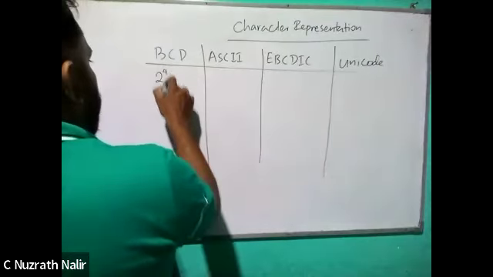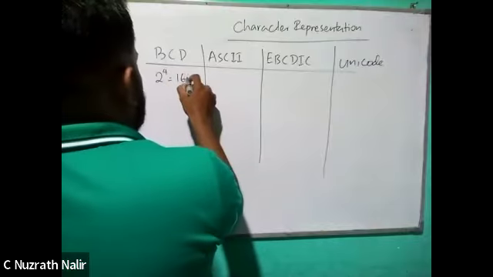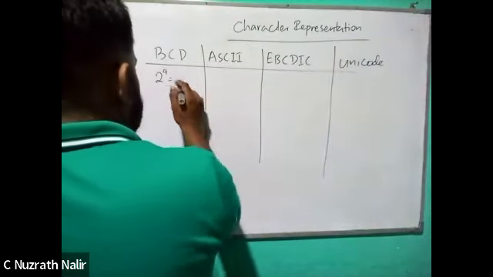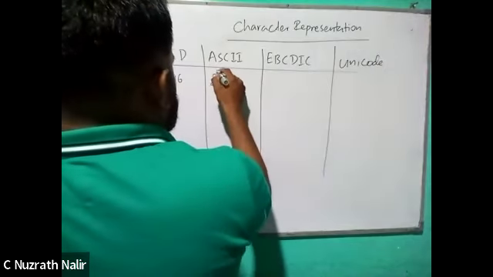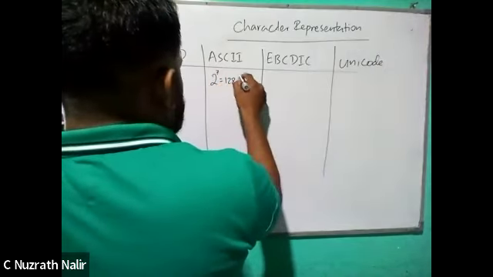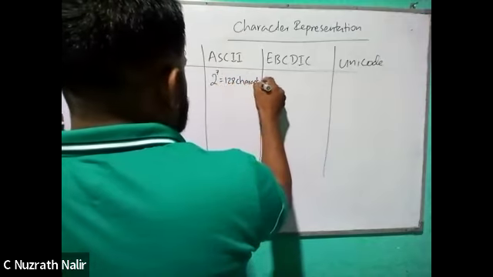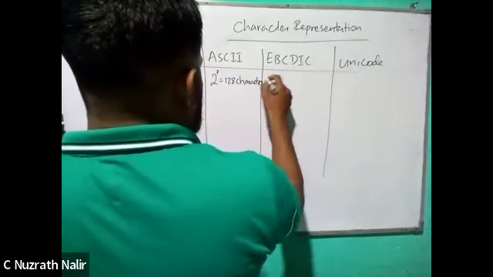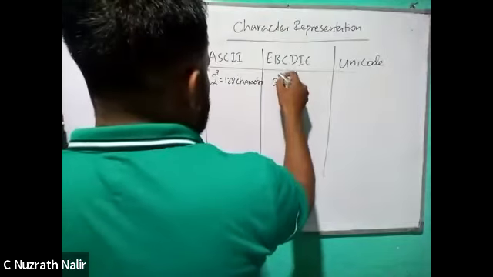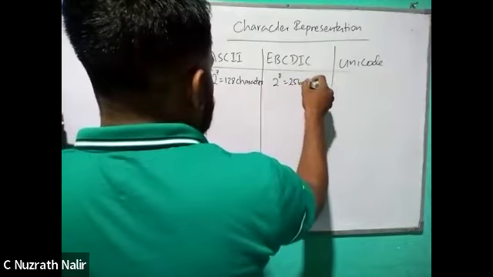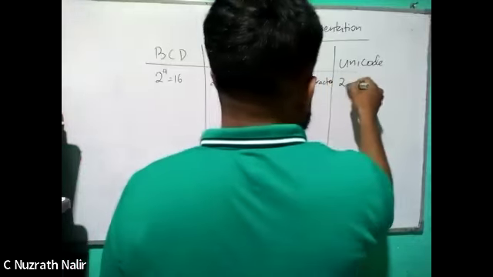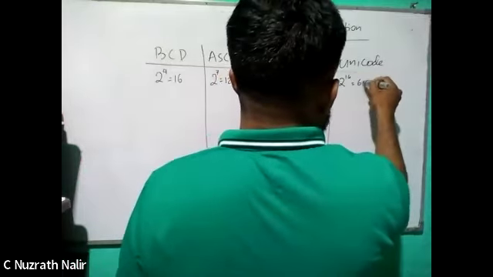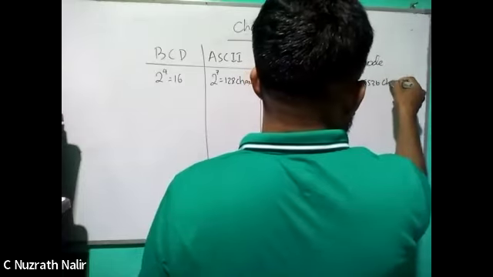BCD means 2 to the power 4 concept, altogether 16 character possibilities. ASCII is 2 to the power 7, 128 character representation. EBCDIC is 2 to the power 8, 256 character representation. And Unicode is 2 to the power 16, 65,536 character representation.